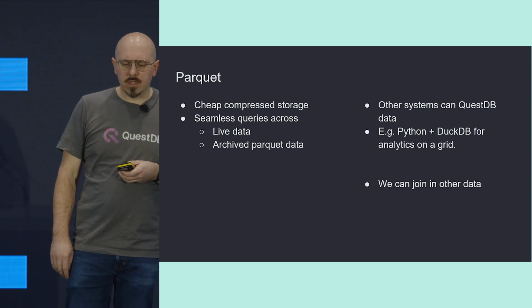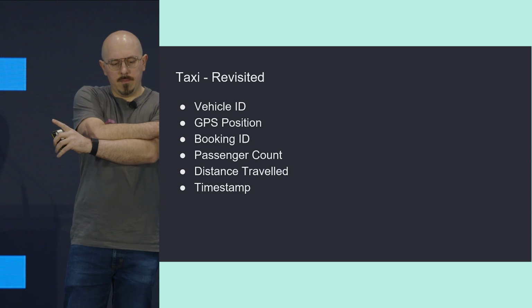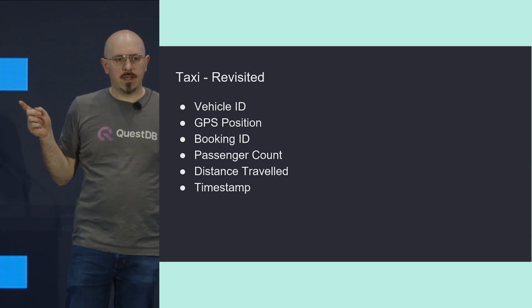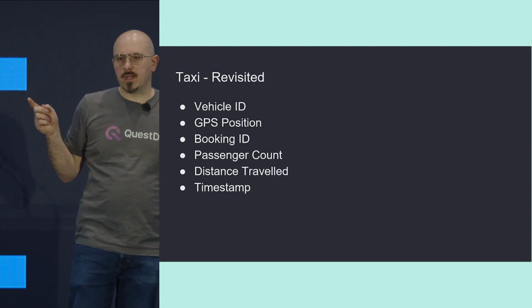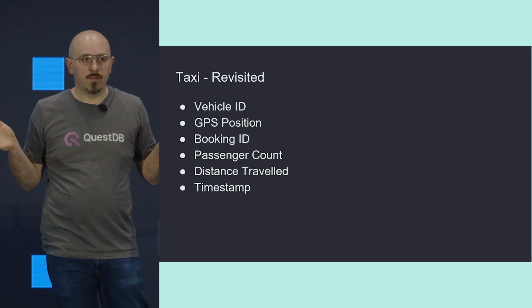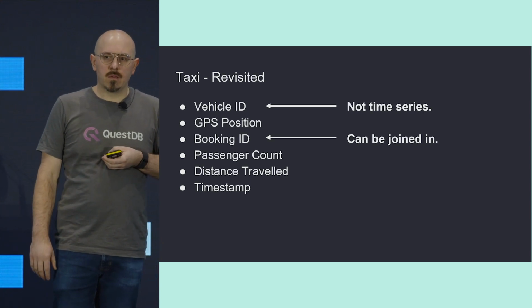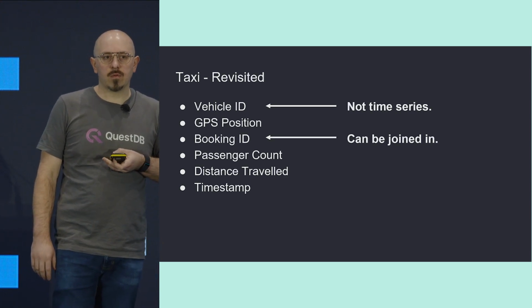The other thing that I forgot to mention is that we're also doing the reverse. If I look back at that example of the data fields that you may want to capture for a taxi ride, these aren't time series, are they? These are really identifiers into other data sources.